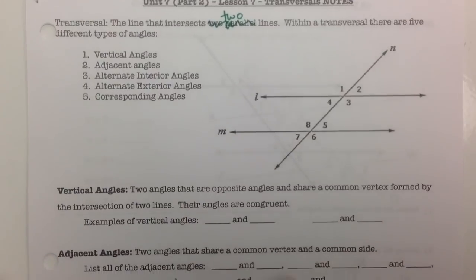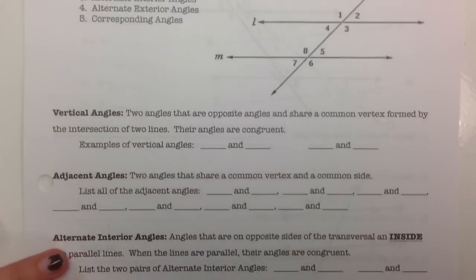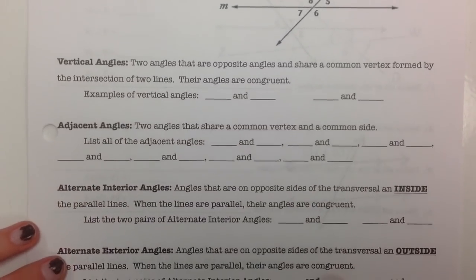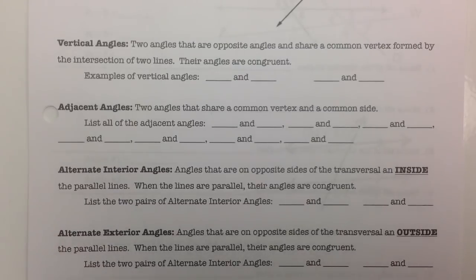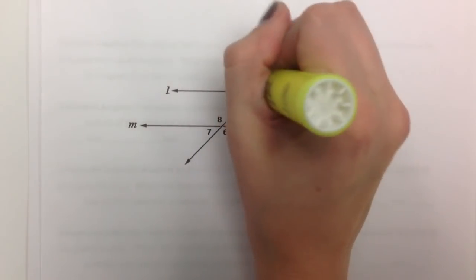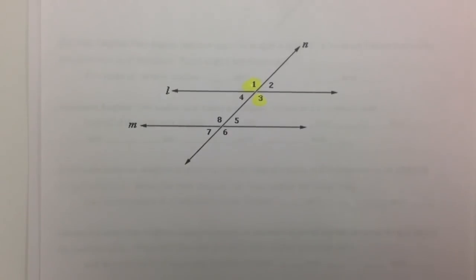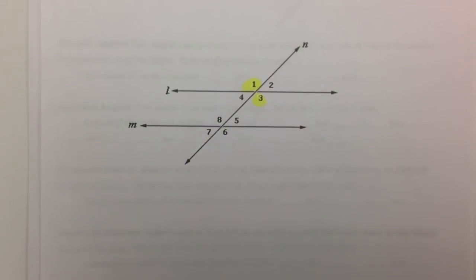So vertical angles are 2 angles that are opposite angles and share a common vertex formed by the intersection of 2 lines. Their angles are congruent. So there's lots of different examples of vertical angles here, but if we look at this example, these 1 and 3 are examples of vertical angles. They're kind of opposite each other there.